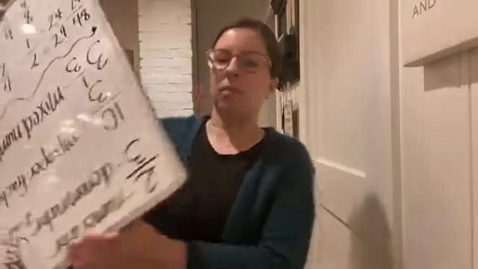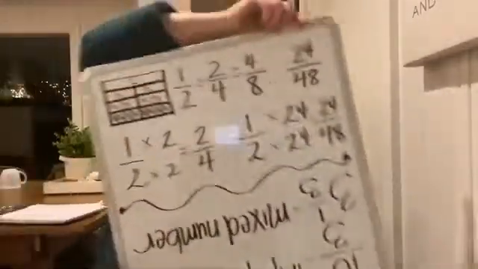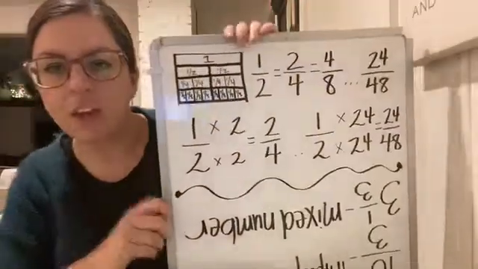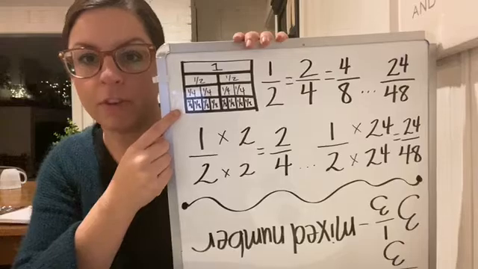All right, so if you are on page 410, you'll see on the top that there is a colorful model showing you equivalent fractions. Okay, I drew a very small version of that on the board. Sorry. Okay, so I have a box up here that shows you equivalent fractions.